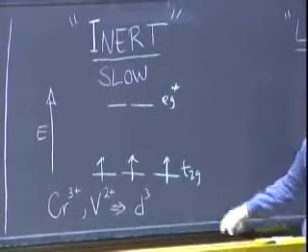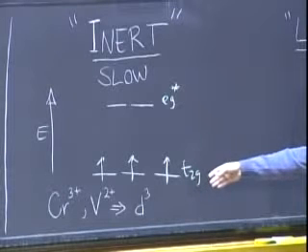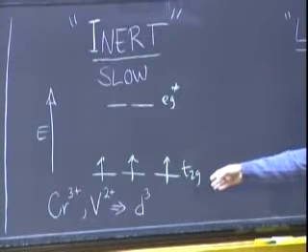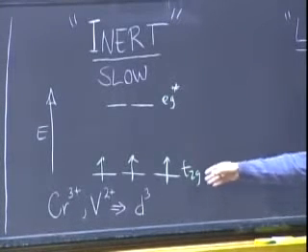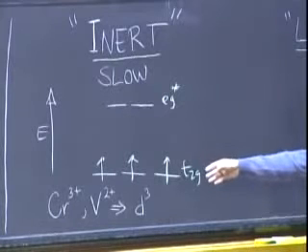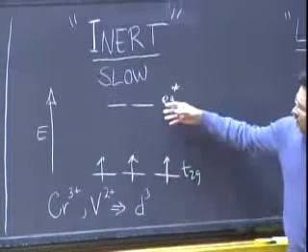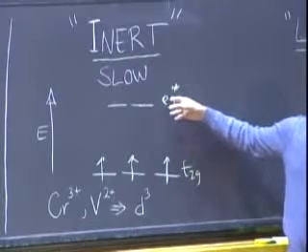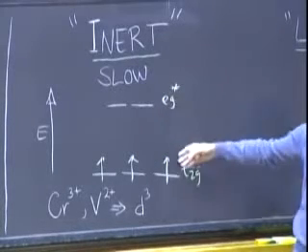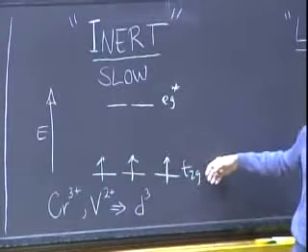We have an S equals 3/2 ground state, 3 unpaired electrons. The system is paramagnetic. You could certainly calculate the spin-only magnetic moment for such a system. And Eg star is not occupied. So we have 3 electrons here in T2g.